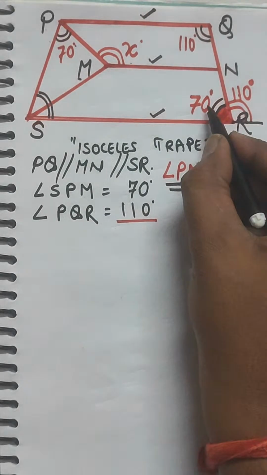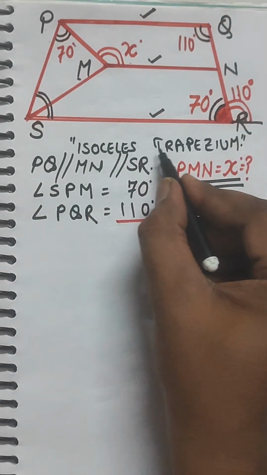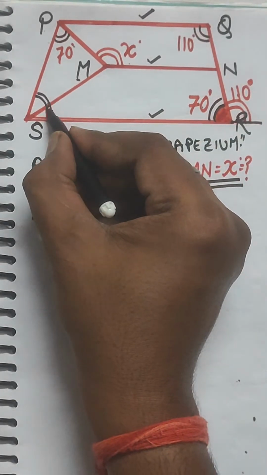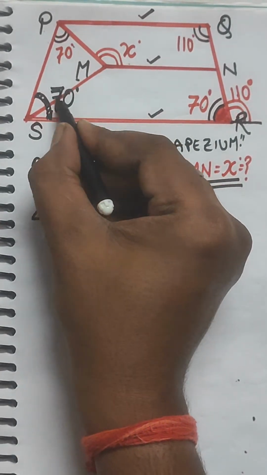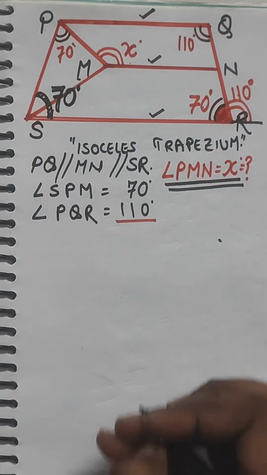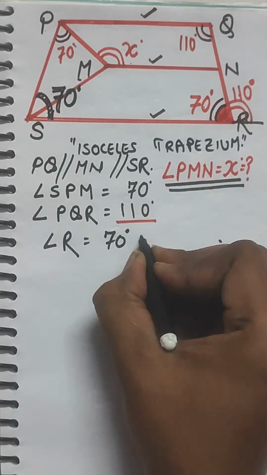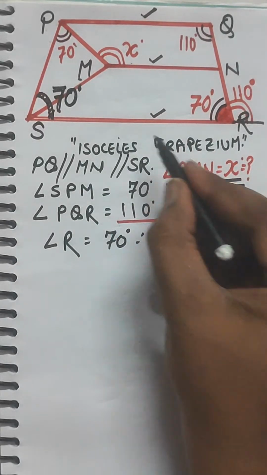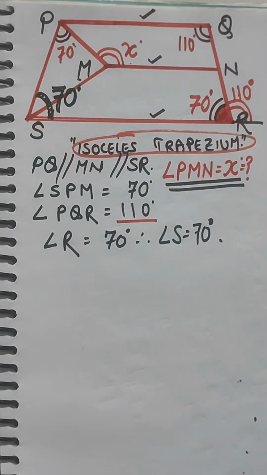Now if this is 70 degree, then definitely, since it's an isosceles trapezium, this angle will also be 70 degree, right? So since angle R is 70 degree, therefore angle S is also 70 degree, because it's an isosceles trapezium. Mind this, isosceles trapezium, right?